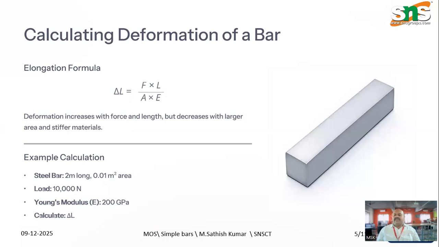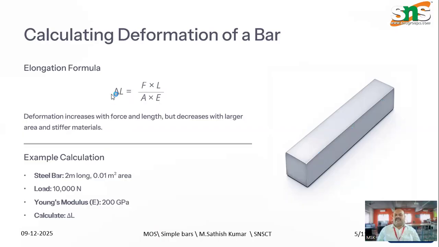So how will you calculate deformation in the bar? For example, a load is applied lengthwise, and the change in dimension is also in the length of the bar. When there is tension, we have an increase in length, and when there is compression, we have a decrease in length. But how will you calculate this change in length?